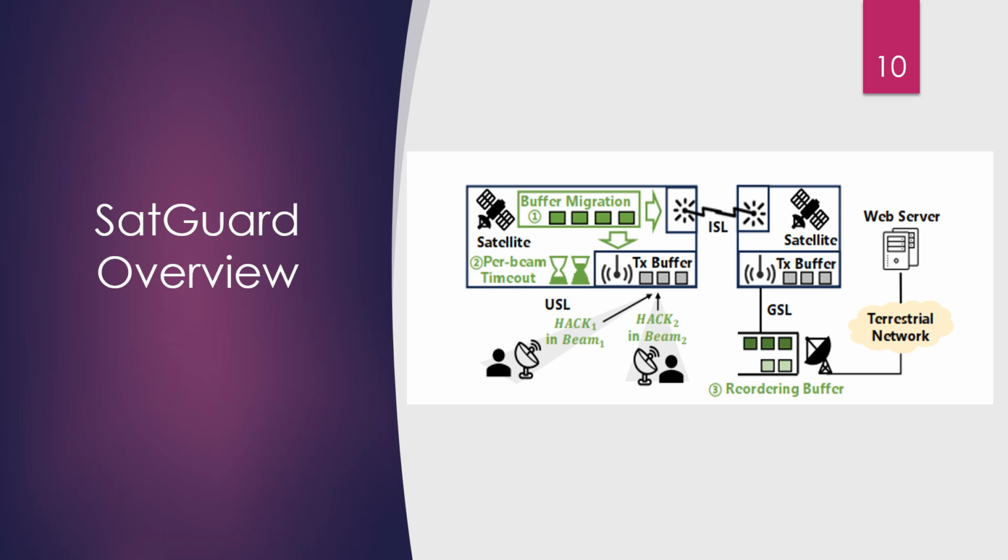Second, per beam timeout to prevent false packet loss detection by adapting timeout values for different satellite beams. Third, reordering buffer to ensure packets are delivered in the correct order, minimizing delay and improving stability. In the next slides, I'll explain each of these mechanisms in more detail.